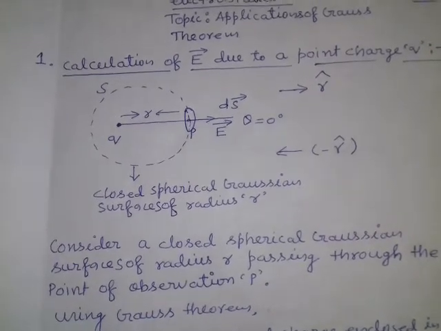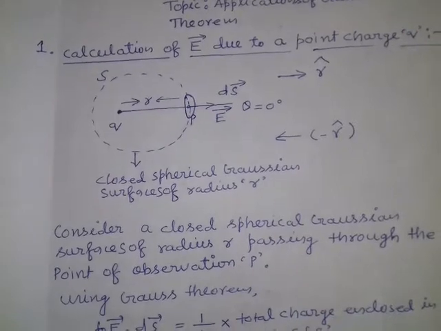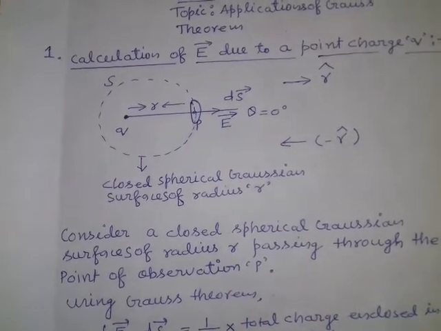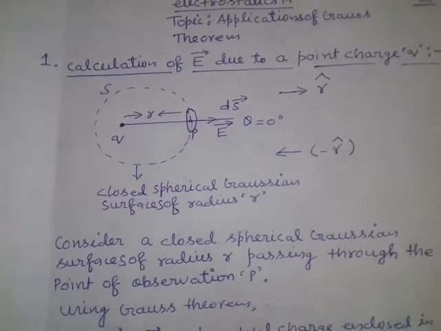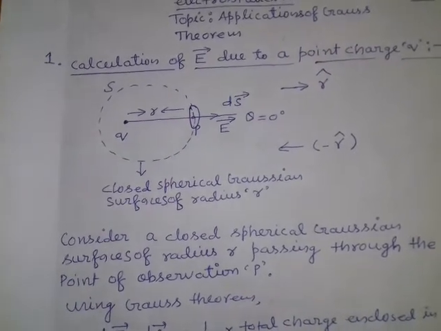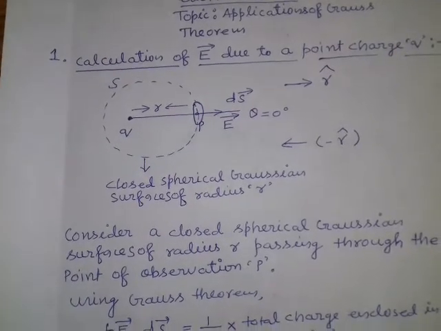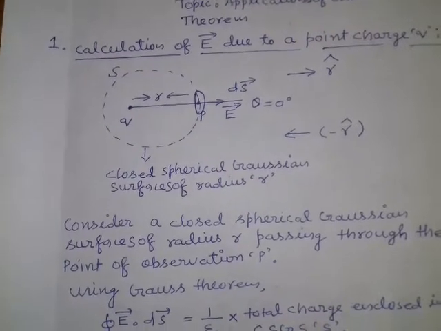Now the question is, what are the dimensions of this closed Gaussian surface? For this we will approach that this Gaussian surface must pass through the point of observation.